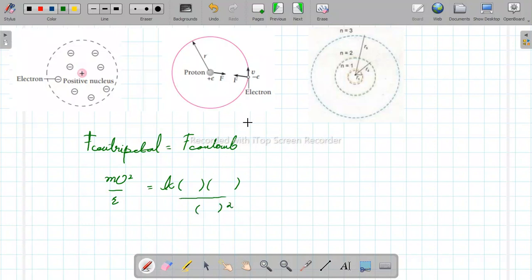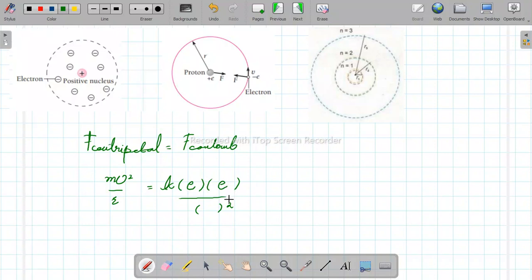यहाँ पर हम किन दो बॉडीज के दरमियान कूलम फोर्स की बात करें? पॉजिटिवली चार्ज्ड न्यूक्लियस एंड नेगेटिवली चार्ज्ड इलेक्ट्रॉन के दरमियान अट्रैक्शन फोर्स की हम बात करें। न्यूक्लियस पर चार्ज क्या है? अगर हम स्पेसिफिकली हाइड्रोजन के न्यूक्लियस की बात करें तो हाइड्रोजन के न्यूक्लियस में सिर्फ एक प्रोटॉन है, राइट? सो प्रोटॉन का चार्ज क्या होता है? वही जो इलेक्ट्रॉन पर चार्ज होता है, बिकॉज यहाँ पर हमें सिर्फ मैग्नीट्यूड प्लेस करना है, सो we will write e here. Then second object क्या है जिनके दरमियान ये फोर्स एक्ट करे? It is electron. इलेक्ट्रॉन का चार्ज क्या है?